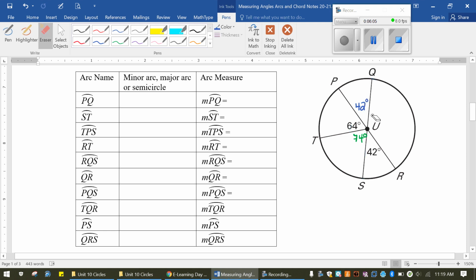Another thing that I could have done is I could have said that we had vertical angles right here, and I could have taken this 42 and written it here, knowing that vertical angles are congruent. If I take a look at my diameter here, again, I know that these two angles also have to add to 180. So that would mean that this is 138 degrees.